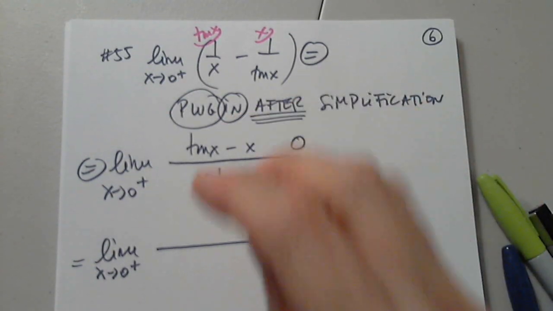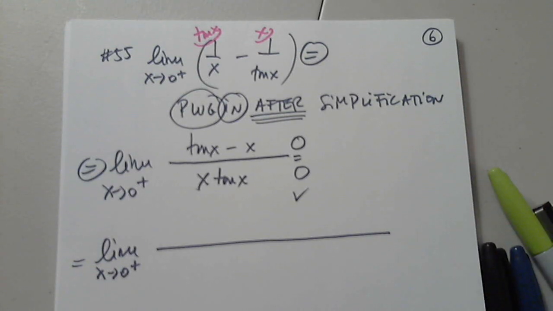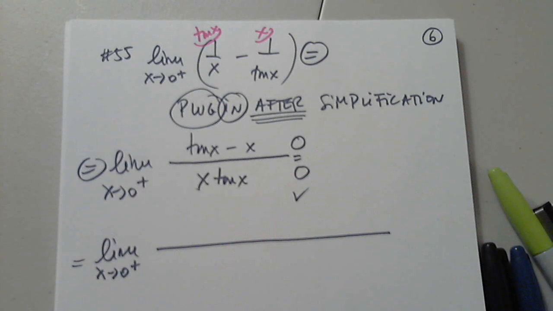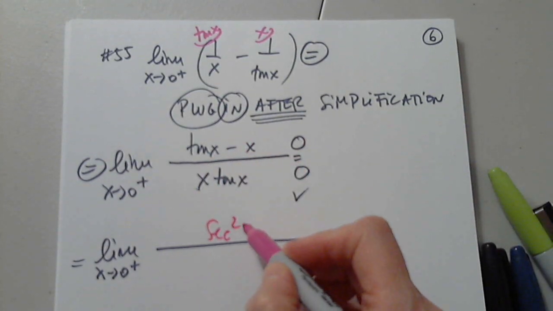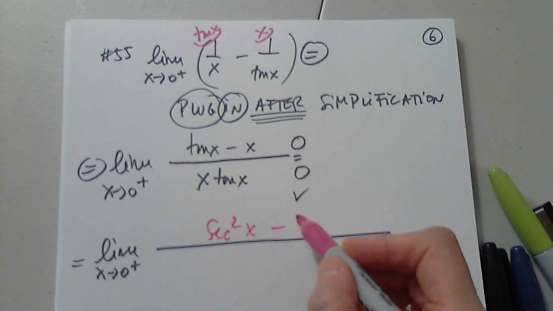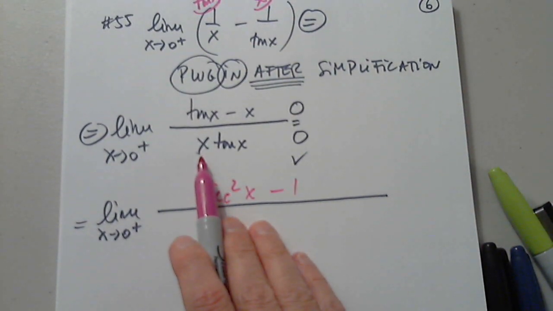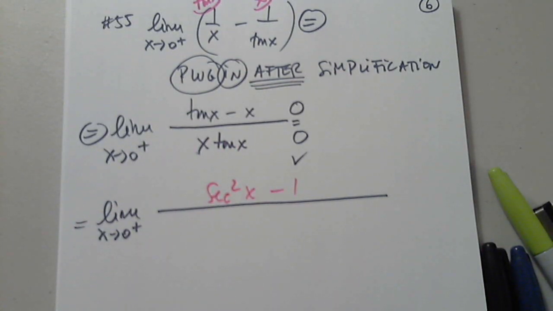Anyone would like to help differentiating the numerator, please? That'd be secant squared x minus 1. That's it. Thank you. And now we have to use the product rule. Can anyone help with x tangent x?